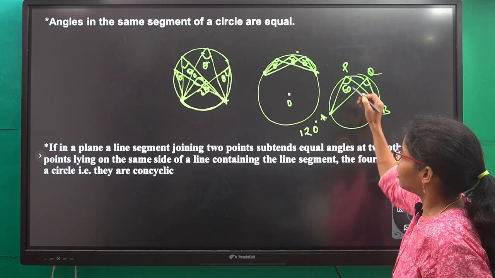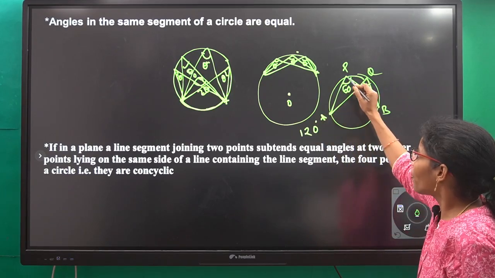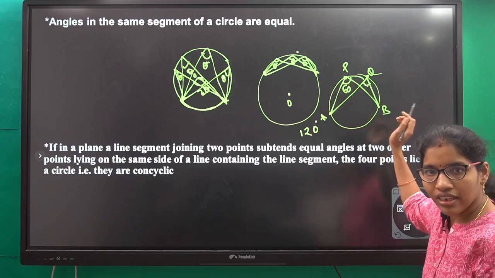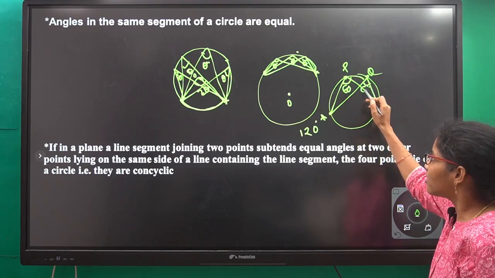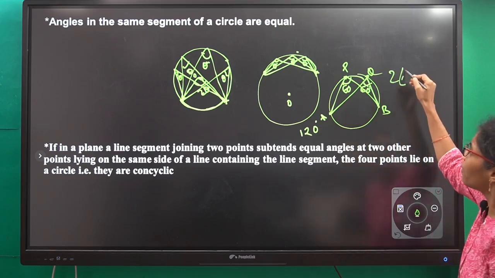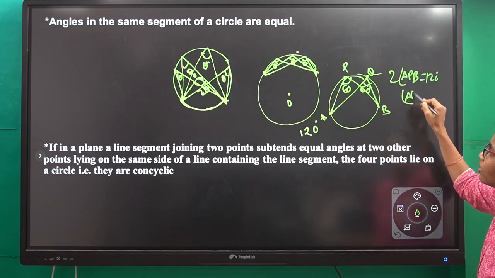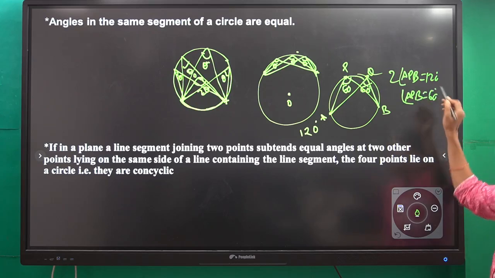APB is equal to 60 only, because these two angles are equal. These 2 points are on the same segment or not? Clear? So that means these two angles are equal. So 2 times angle APB gives what? 120 degrees. So APB equals 60 degrees. Clear this one or not?